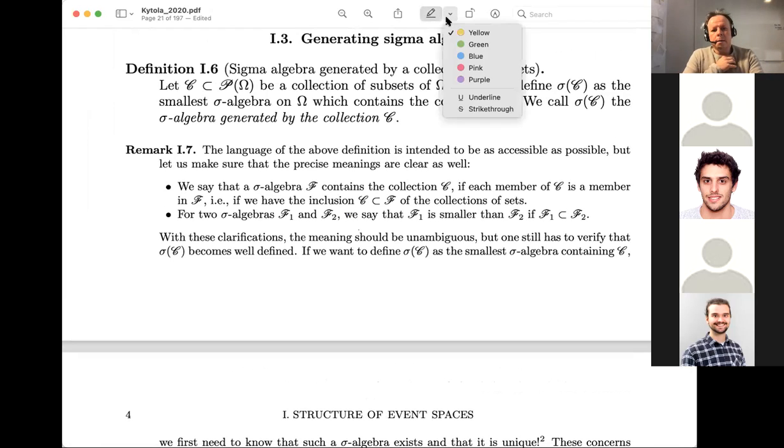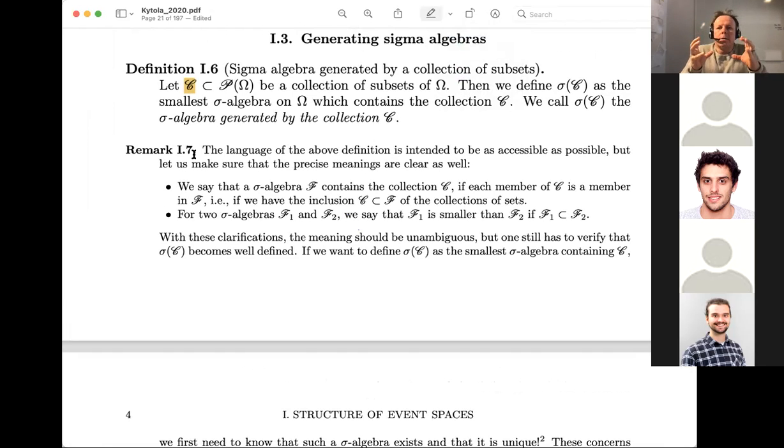And the definition is like this. We take any collection C, any collection of sets. Maybe it's the collection of open sets. Maybe it's the collection of some very nice, your favorite sets in your favorite space with maybe no structure at all. Whatever C is.